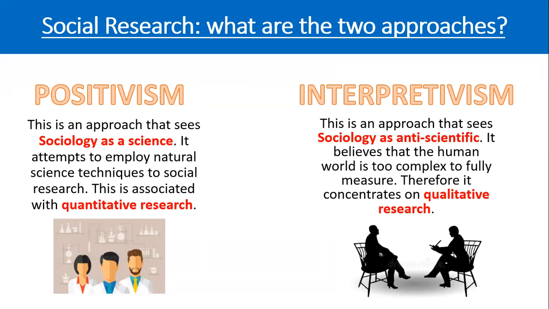And they essentially believe that you can't study sociology like a science. Human life is too complex. There's too many variables to measure and too many things going on at once. It's not a controlled laboratory environment. So therefore, they place an emphasis on qualitative research. So that's the first one.